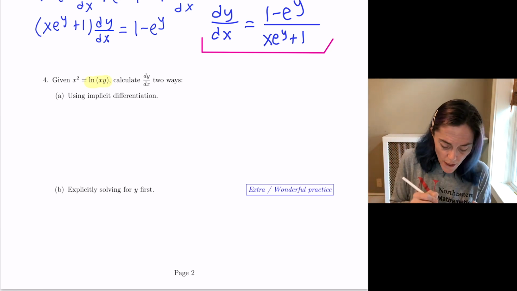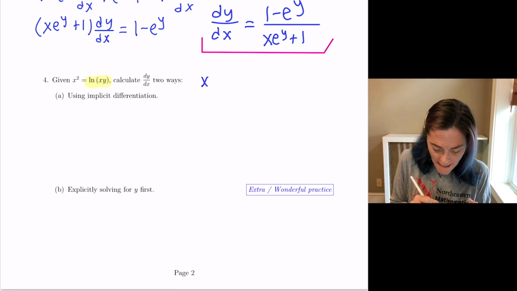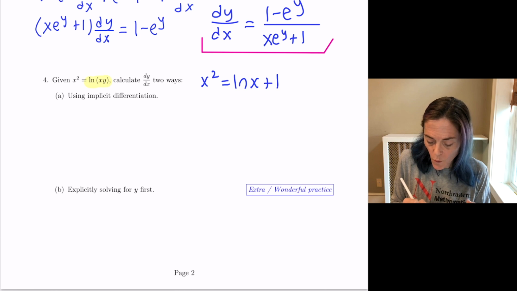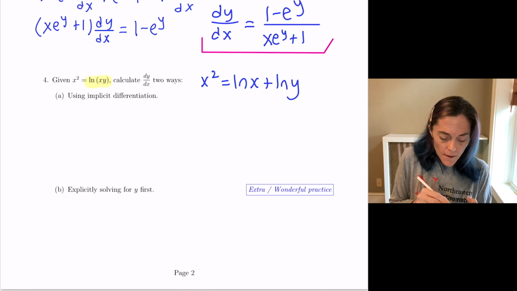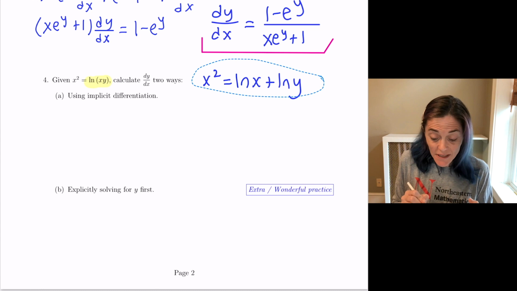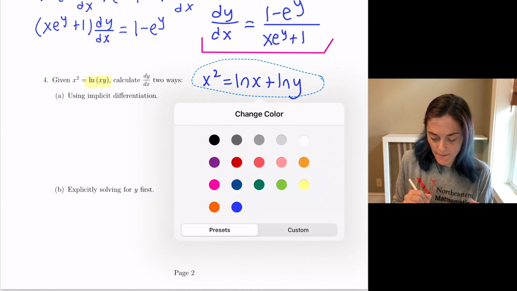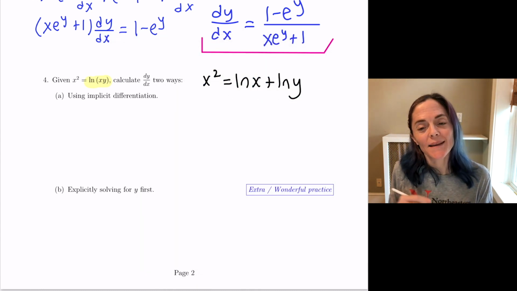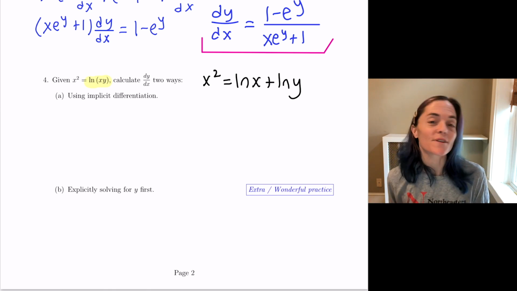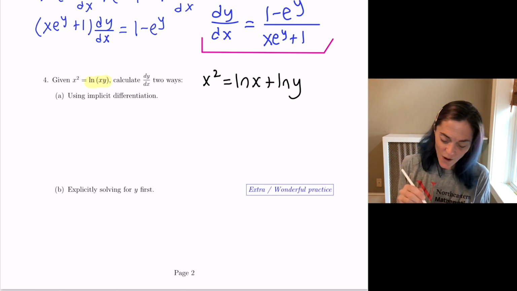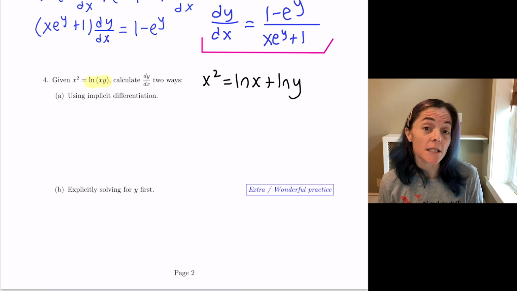So I can just rewrite this equation as x squared is ln x plus ln y. I haven't differentiated anything yet. I've used a log property, one of them that we reviewed the first week of class. Okay, this will make the differentiation process a little bit easier.